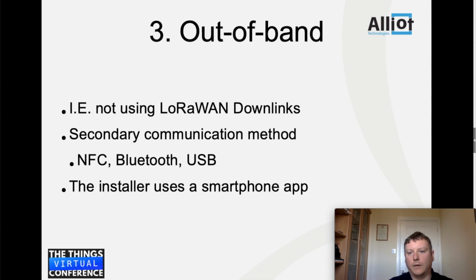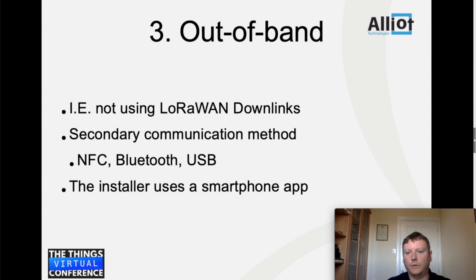Typically you'll have an app on a mobile phone, and you'll have your sensors, and whoever's screwing that to the wall or fixing it wherever puts the sensor in place, and then they need to have a smartphone with the manufacturer's app on it, and you use that app to set the device up, set the keys on it, set an app EUI.